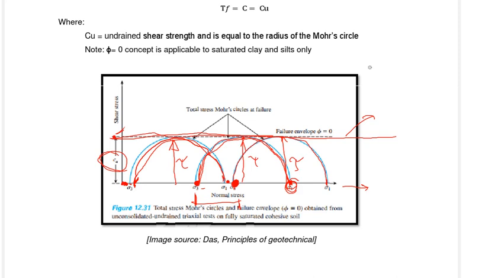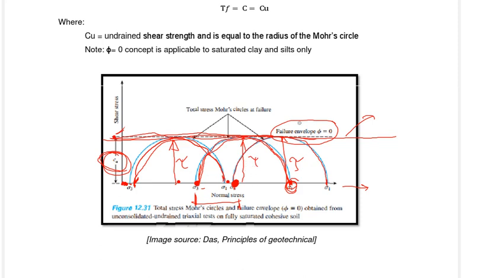So, our failure envelope phi, since it is horizontal, our phi is 0. And then our CU is equivalent to the shear stress on our soil specimen.